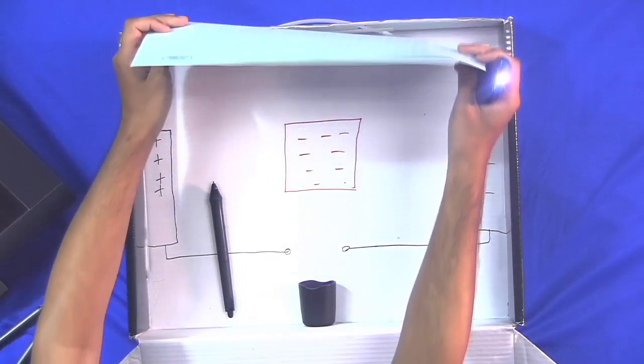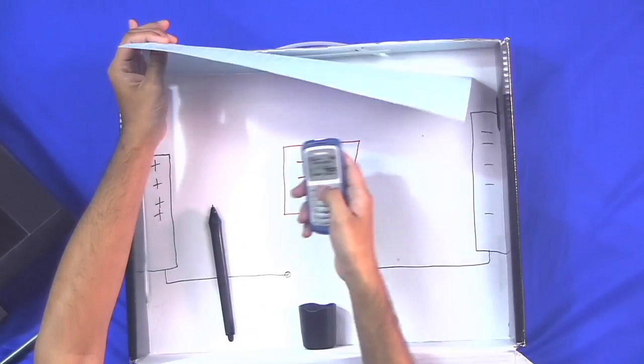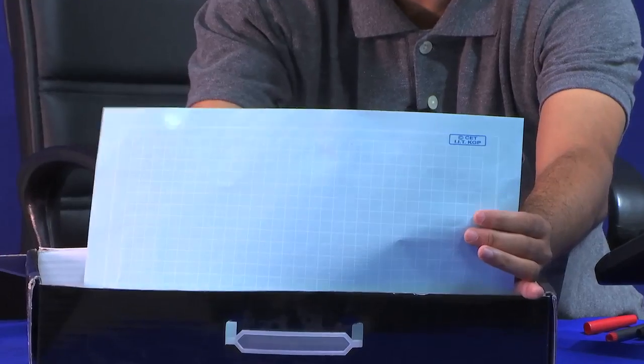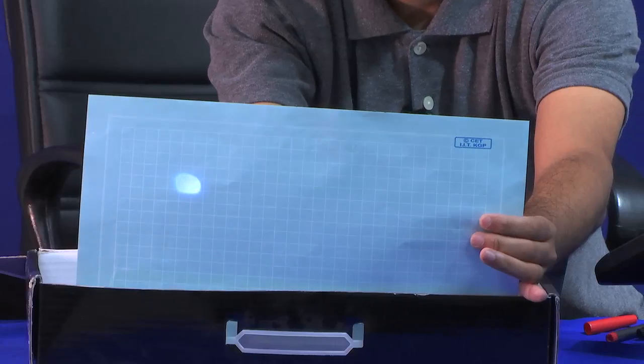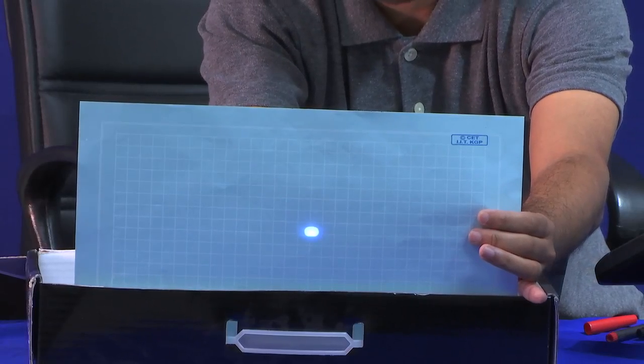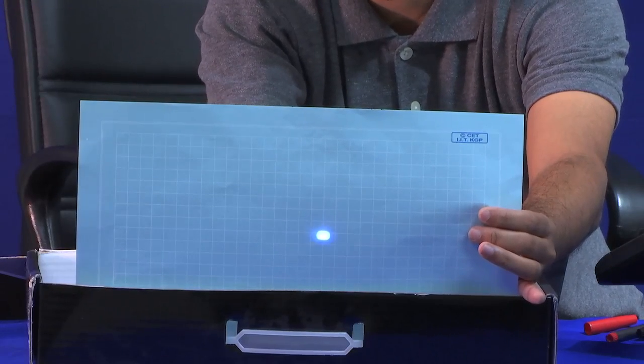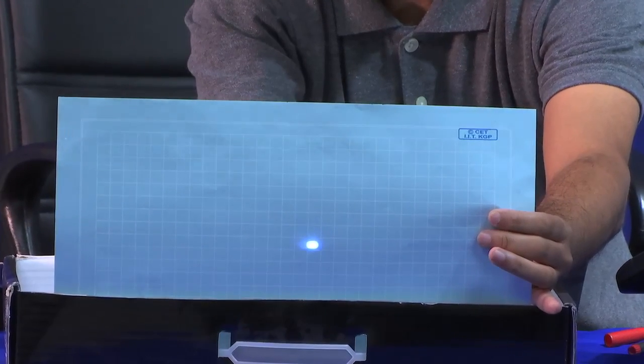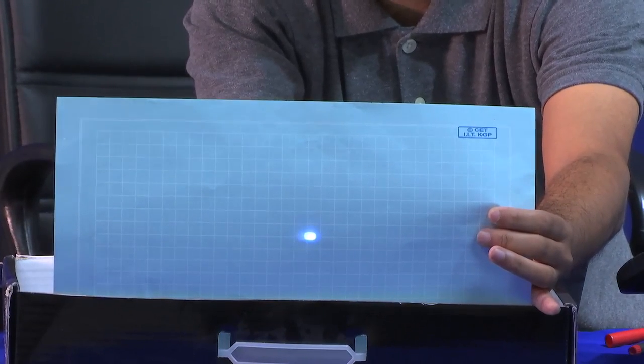Let me tell you once again what happens. You know that there are two sets of plates. One is the vertical deflection plate, another is the horizontal deflection plate. If I apply no voltage in any of them, the electron beam hits the center.